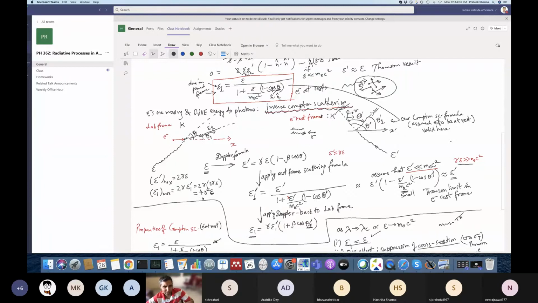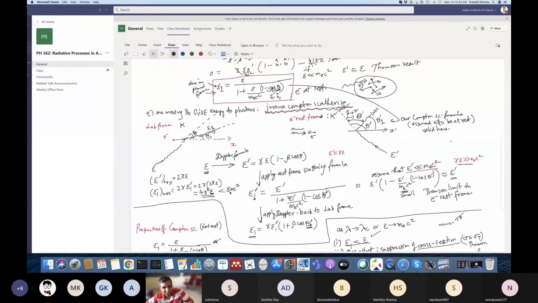But this energy has to be less than gamma m c squared, right? Otherwise, this is not consistent with the energy conservation in the lab frame.